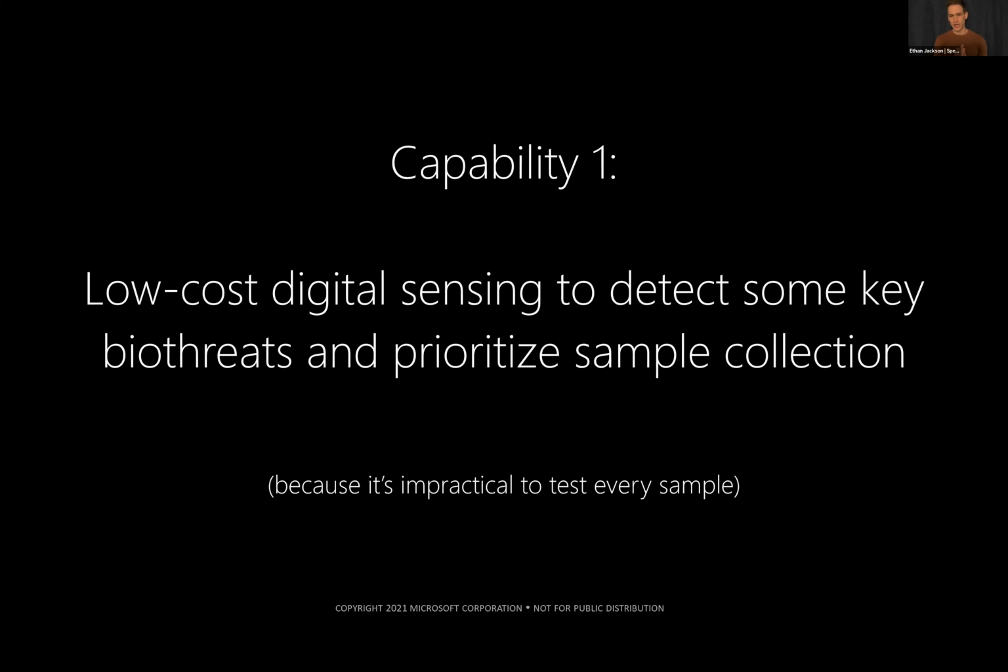So how do we do this? From the engineering point of view, the first capability that we think is really important, because it's not realistic to test every nook and cranny of the world all the time, is low-cost digital sensing that can detect some key biological threats, but also allow us to autonomously prioritize sample collection in molecular diagnostics.